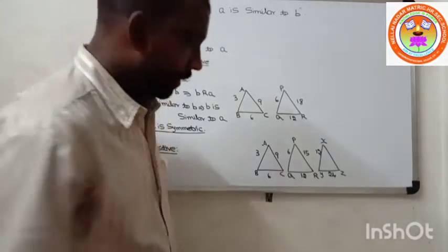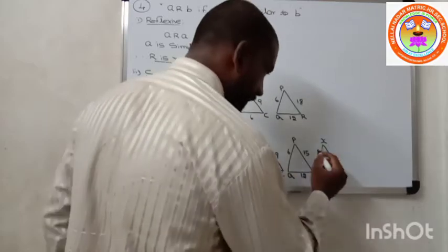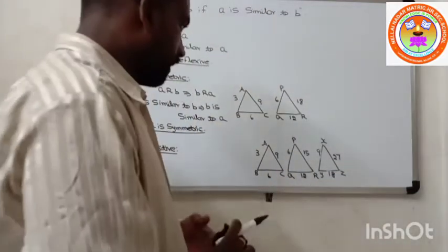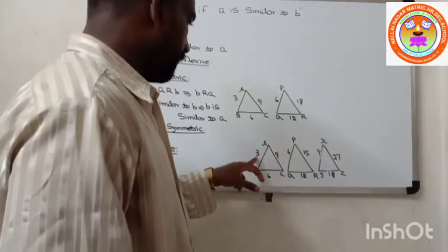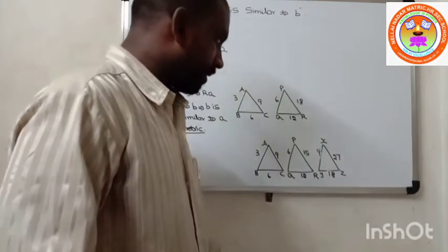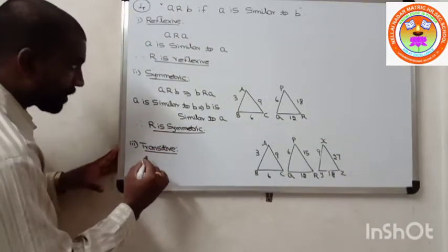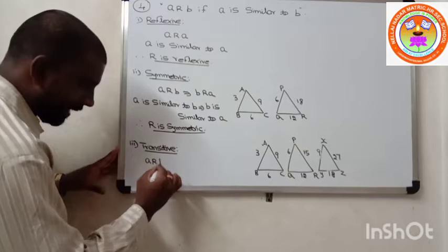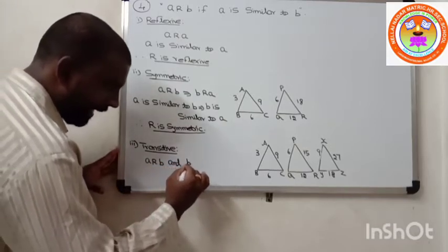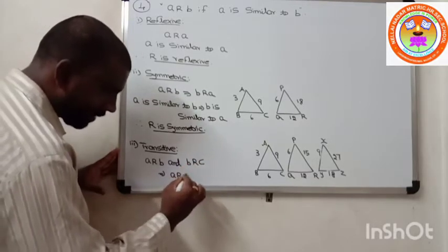So 9, 18, 27. 6 by 3, 2. Everything equal. 6 2s are 12. 12 3s are 18. Everything 3. So transitive definition: A related B and B related C, so A related C.